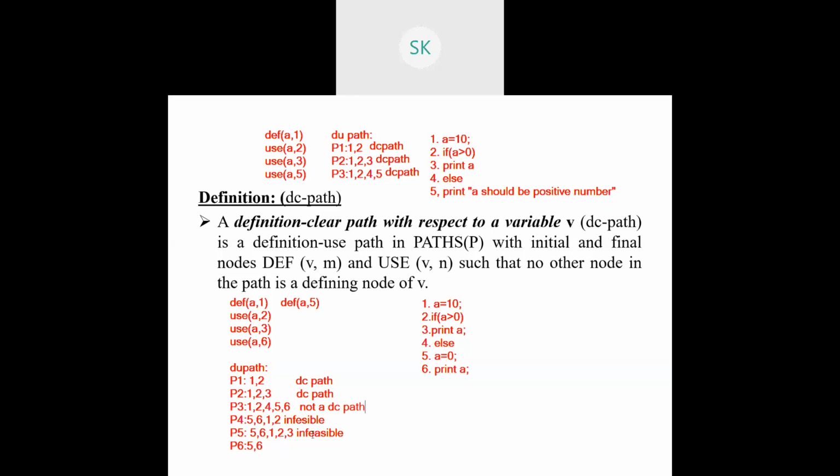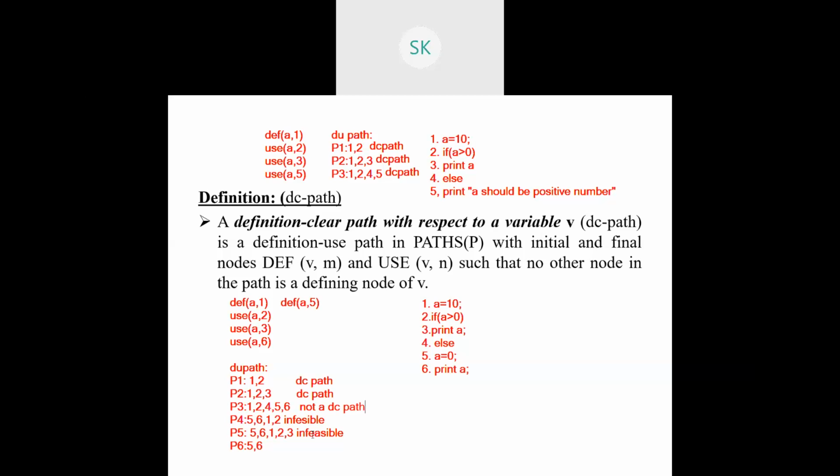If I change the particular value over there, then the question comes: why have we changed it? What is the necessity of it? Is it a valid one? A lot of questions will arise. Those questions' answers we can identify separately, with respect to different paths. We'll come to know in the next slide probably. So right now, if it is definition clear, it happens once: one time defining and n number of times usage in the path that you have identified.